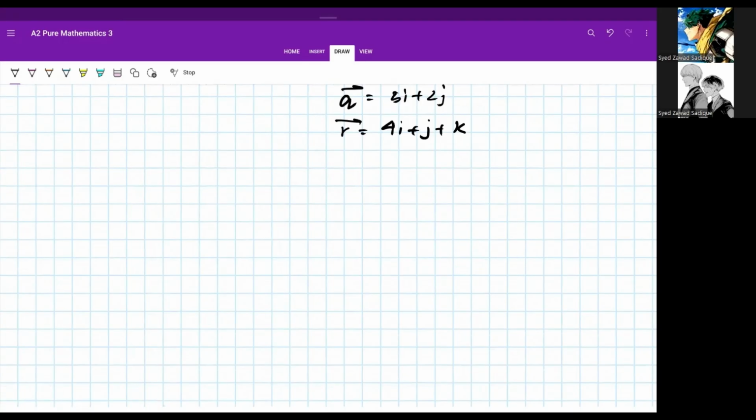Now write 2P plus 3Q minus 4R as a column vector.